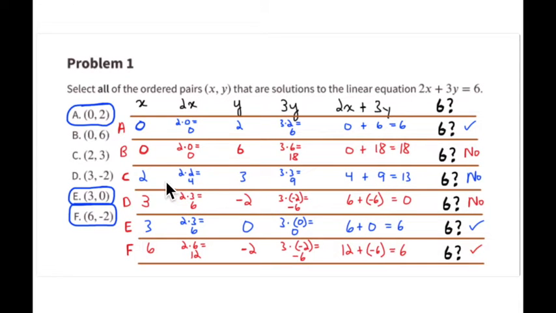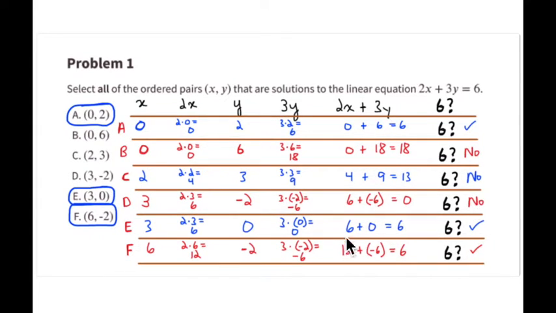Then the rest of them: if you look at 2, 3, you're going to get 2 times x is 4, 3 times y is 9, add them together, you get 13.